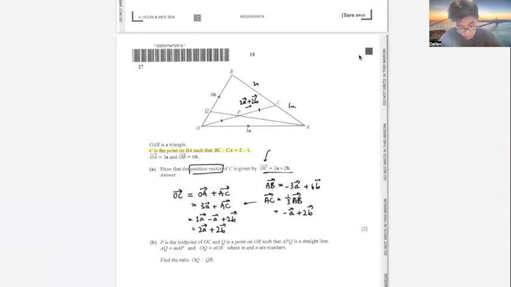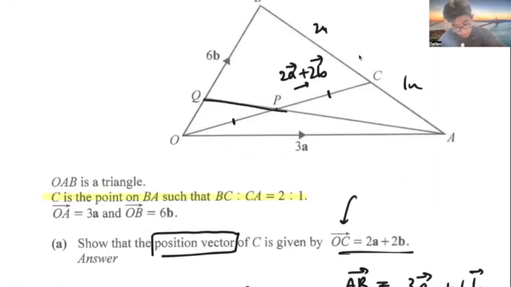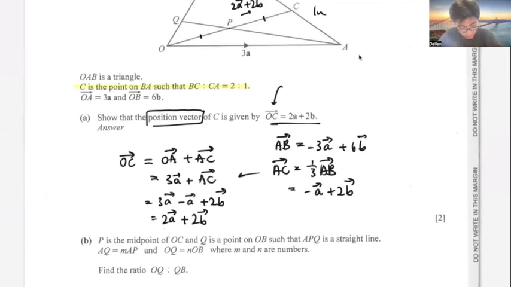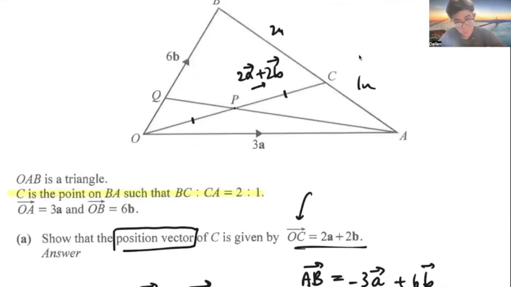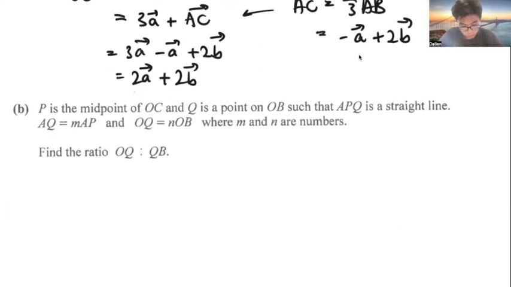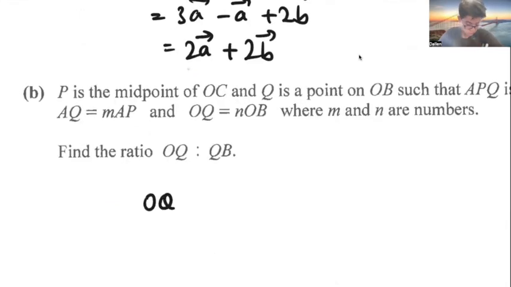AQ is M times AP. And the last ratio is OQ is N times OB, right? Find the ratio of OQ to QB.